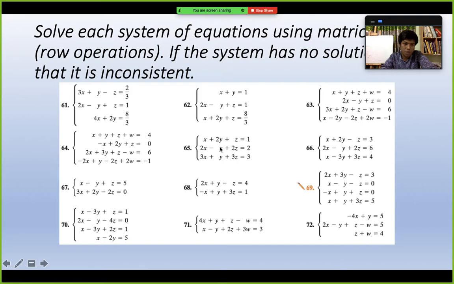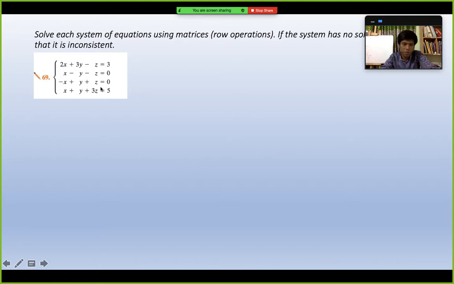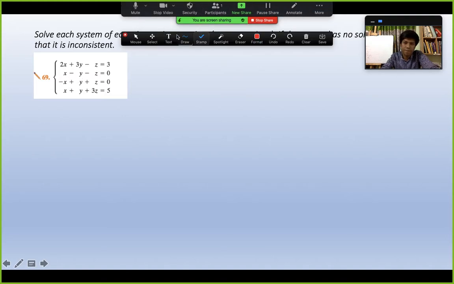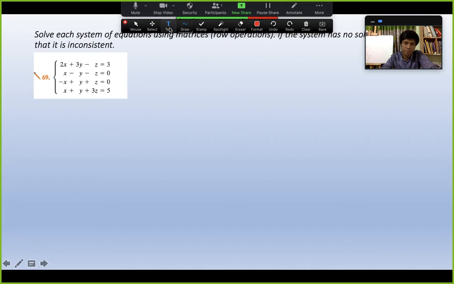So we have a couple more problems here, so let's try to solve one from here. We have taken this number 69, which has 4 equations. First of all, we need to write it in the augmented form.